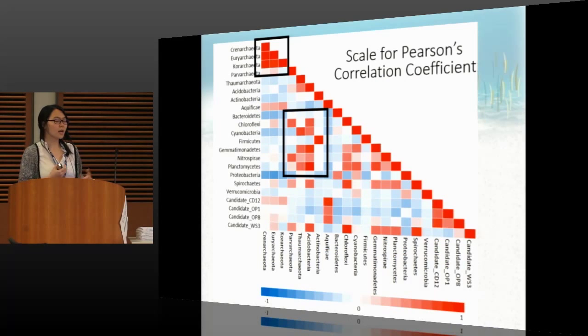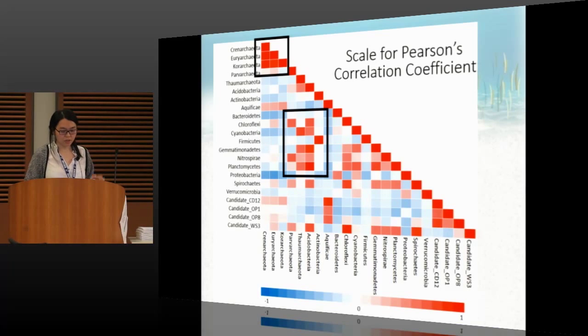So if we calculate the correlation coefficient of each phylum, we can see the archaea, they always prefer to live with the other archaea. But the other aerobic bacteria phyla, they always prefer to grow with the other aerobic bacteria.